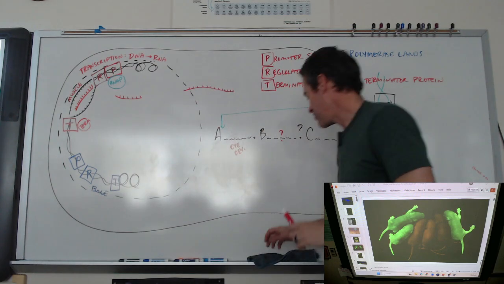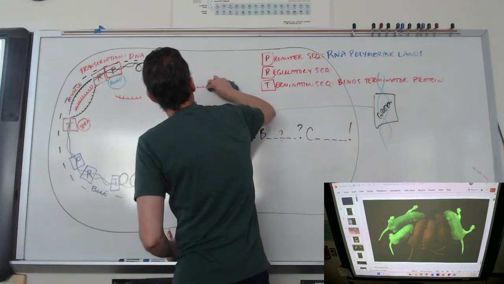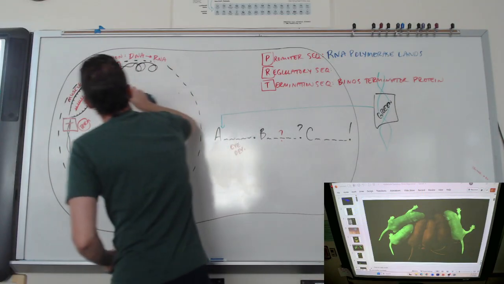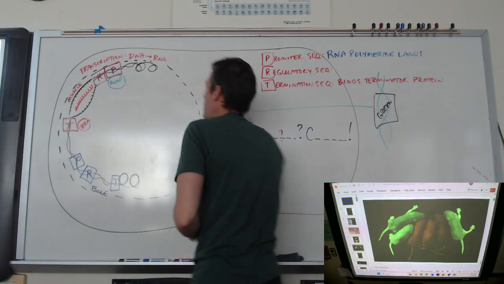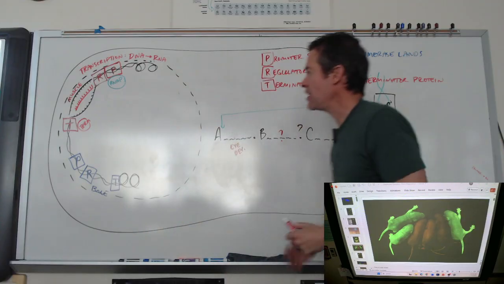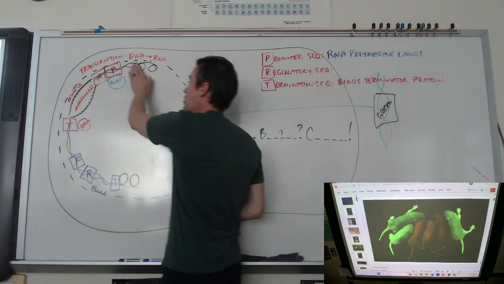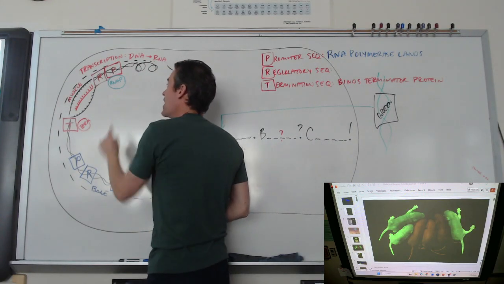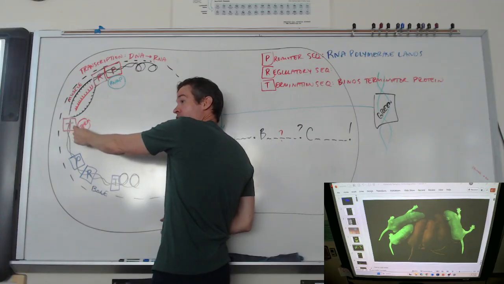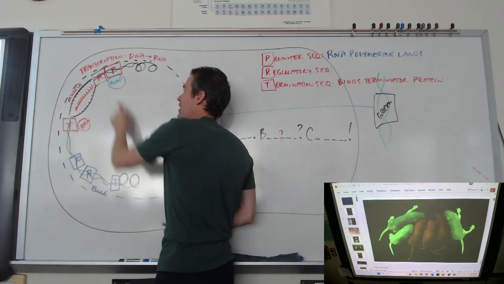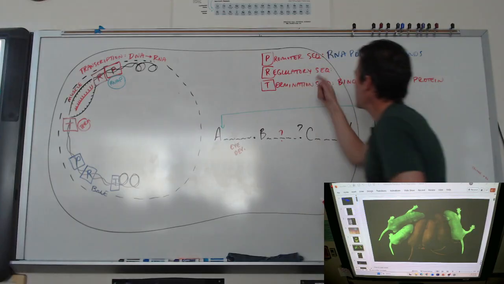Okay, we're going to add on to that. So we're going to back it up a little bit. Now, P, the promoter, was the beginning of a gene. That's where RNA polymerase lands to build this strand of RNA. It knows to stop when it gets to the termination sequence, a terminator protein. Then there's the regulatory sequence.